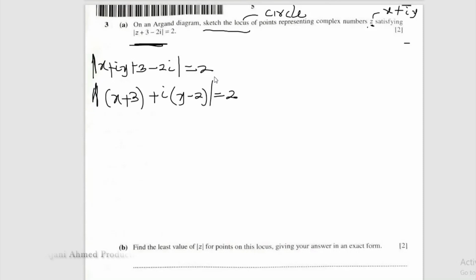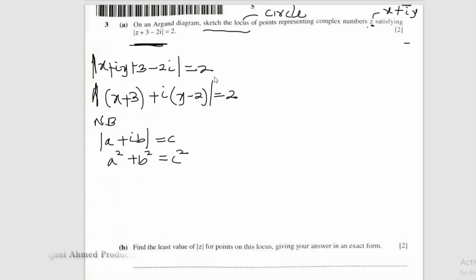Of course, I expect you to note this, NB. If you have a complex number like this, modulus of a plus ib equal to c, it simply means a squared plus b squared equal to c squared. I square the real number plus the imaginary part without the i, equal to c squared.